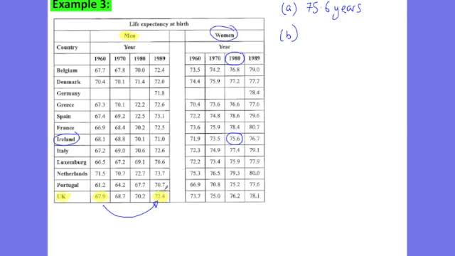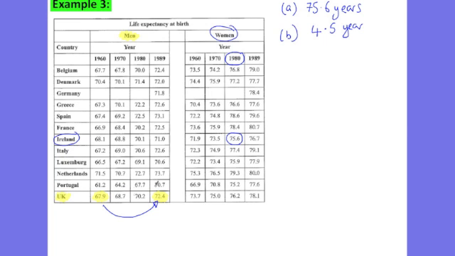We can take our life expectancy in 1989 and subtract the life expectancy in 1960, which gives us an increase of 4.5 years. So between these 2 years, 1960 and 1989, the life expectancy at birth has increased by 4.5 years for men in the United Kingdom.